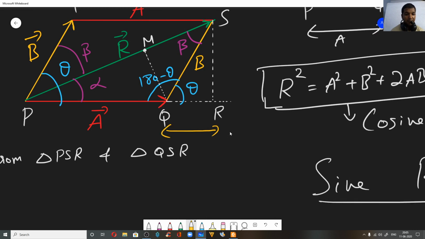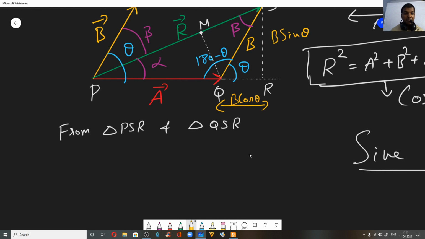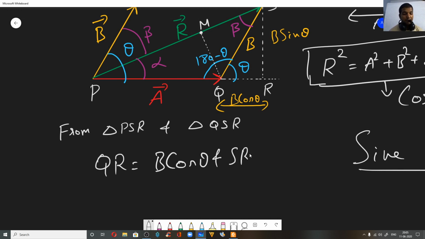So this will be B cos theta, and this will be B sin theta. So QR is B cos theta, and SR is equal to B sin theta.